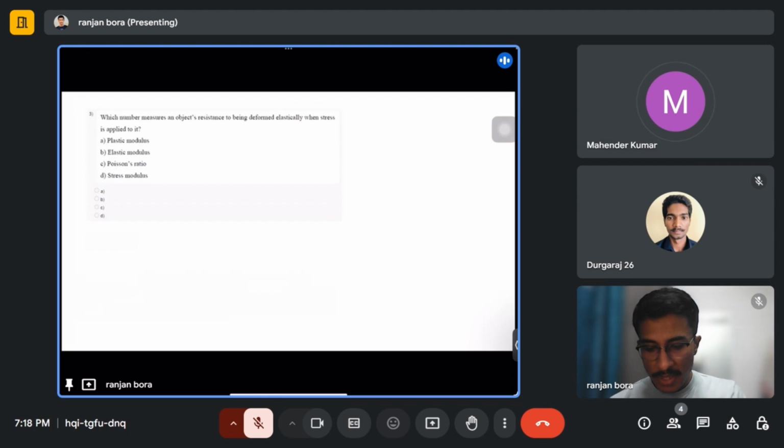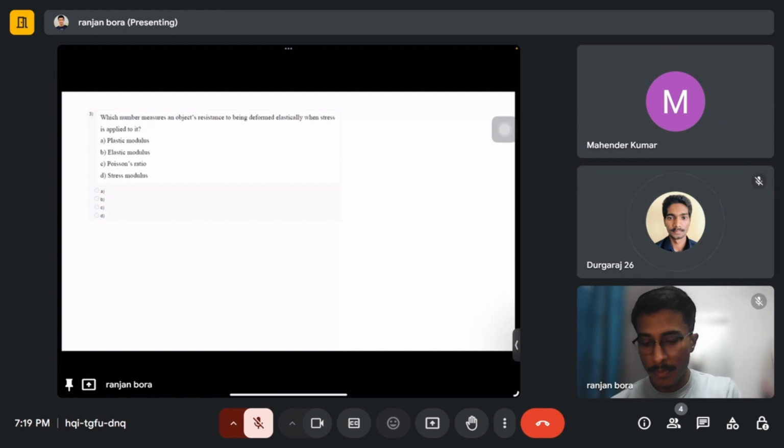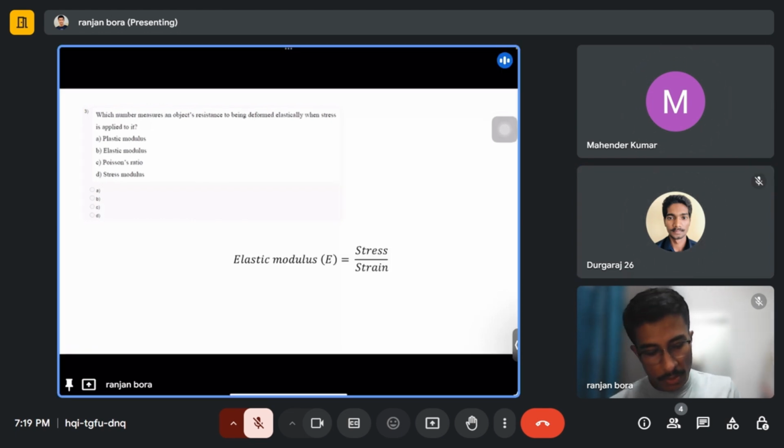Which number measures an object's resistance to being deformed elastically when stress is applied to it? Yes, so elastic modulus, this is the definition of elastic modulus, stress divided by strain.